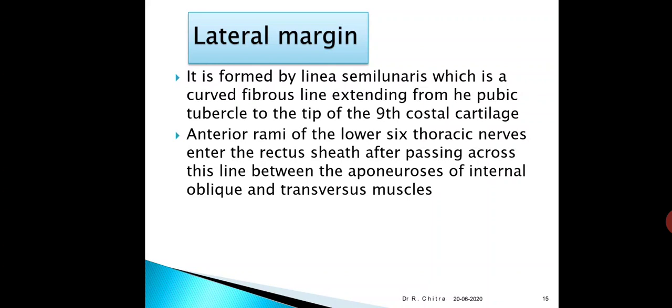Therefore, a surgical incision along this line of the anterior abdominal wall is not wise. It may produce segmental paralysis of the rectus abdominis muscle due to injury of the lower thoracic nerves. So along the lateral margins, all the six nerves pass.